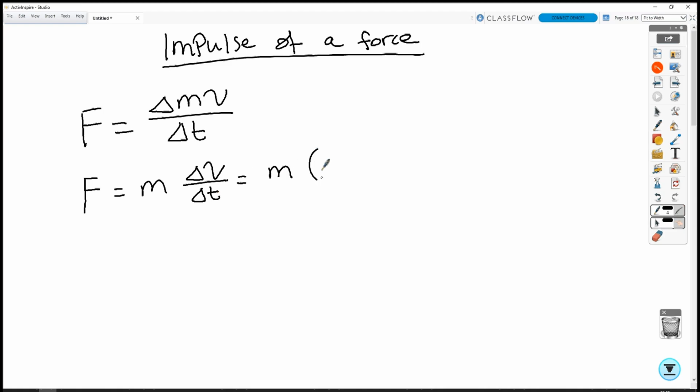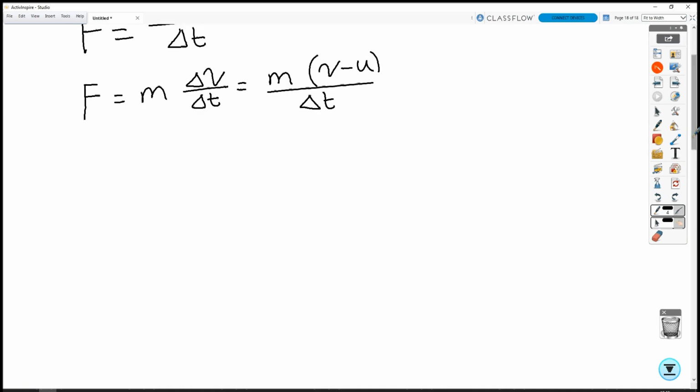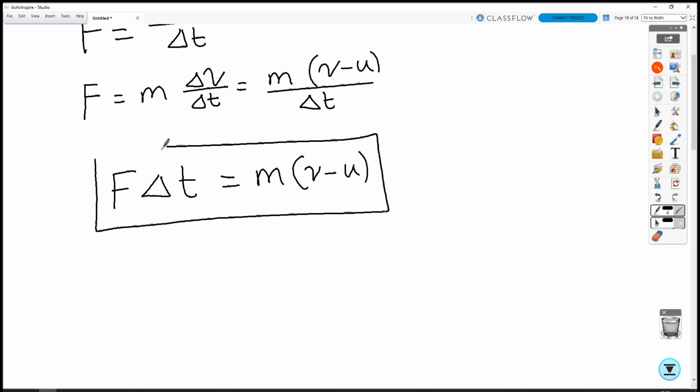So it's m brackets v minus u over delta t. Then we can move delta t to the other side, which gives us F delta t equals m(v minus u). So this is called the impulse, which is equal to the change in momentum.